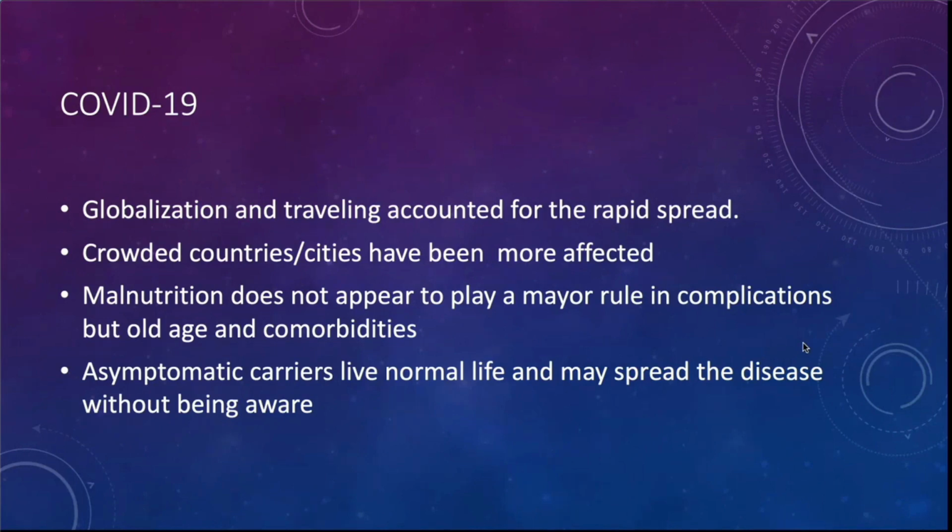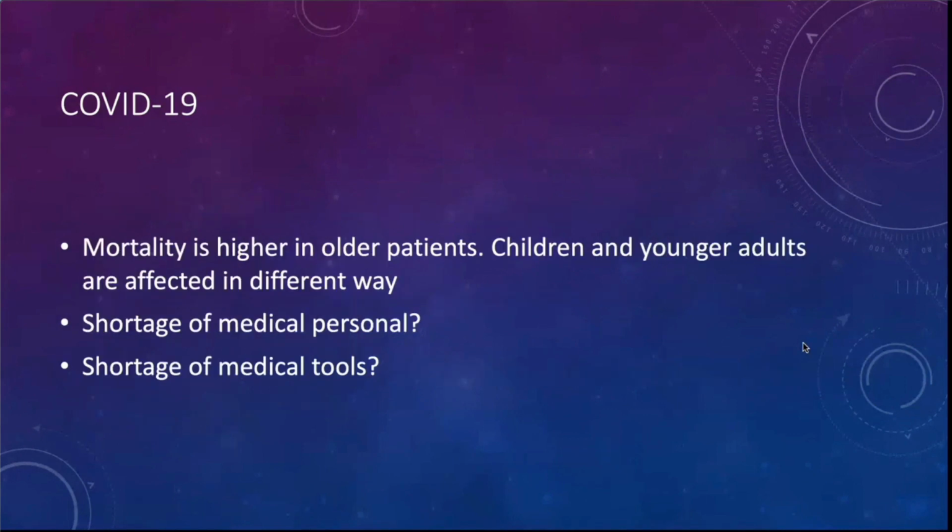When the 1918 patients who had the Spanish flu got infected, they usually had symptoms, so they had more tendency to stay home unless it was a very mild disease. So that somewhat limited the spread compared to COVID-19. Again, mortality for COVID-19 is higher in older patients.